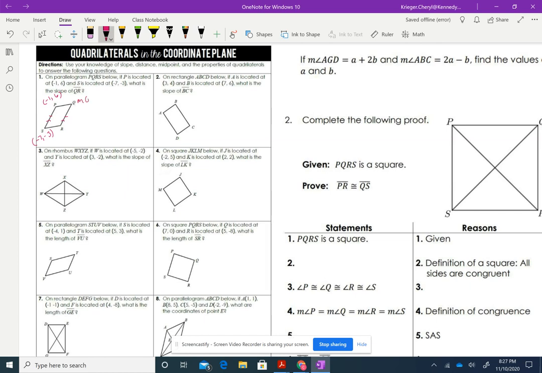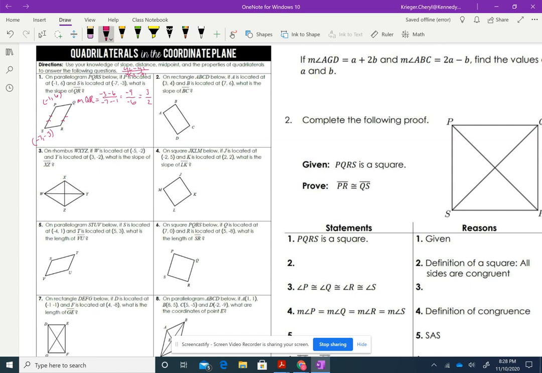Okay, so the slope of QR, and don't forget the slope formula, y2 minus y1 over x2 minus x1. Okay, that's straight from algebra. I'm going to do negative 3 minus 6 over negative 7 minus negative 1. Get negative 9 over negative 6, which is 3 halves, right?